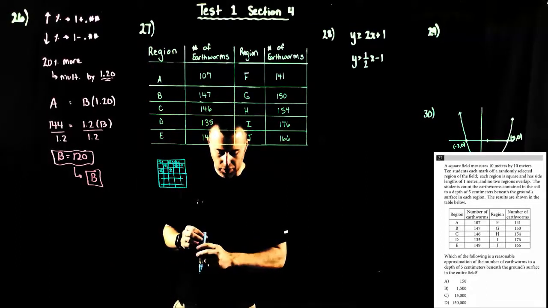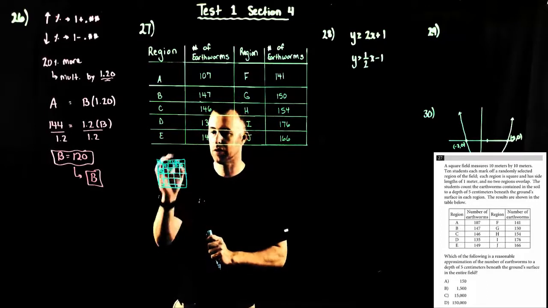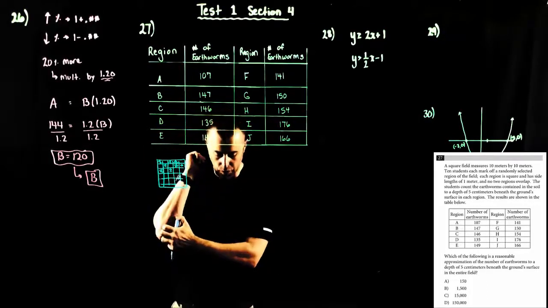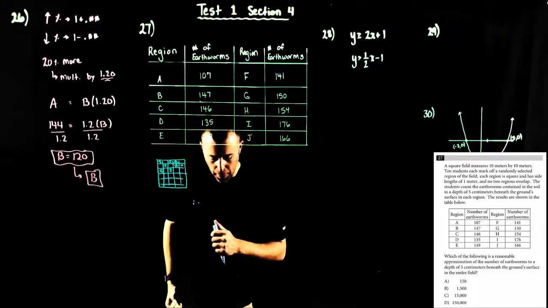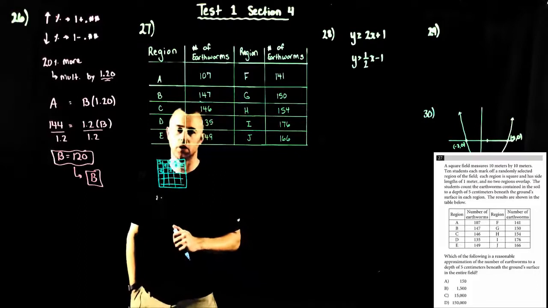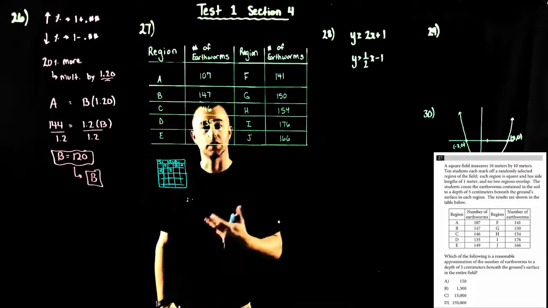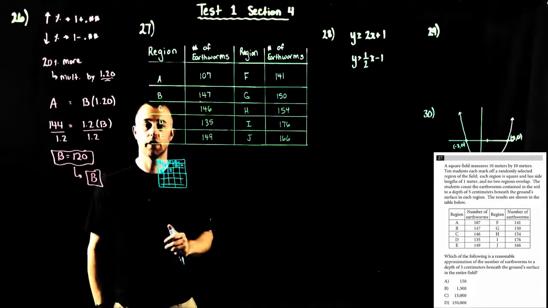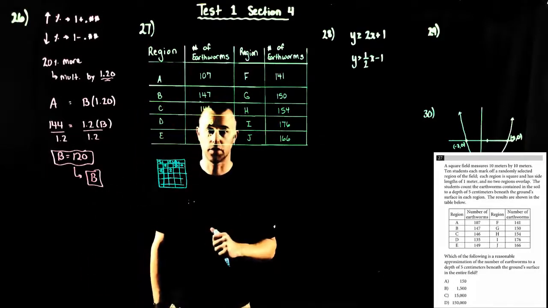So the students count the earthworms in each one of those little 1 by 1 squares, or cubes, really, because it's three-dimensional. And then that's what the results are going to be in that table below. So that's what this represents, a sample of this field, using 10 out of the 100 squares that there are in the field.